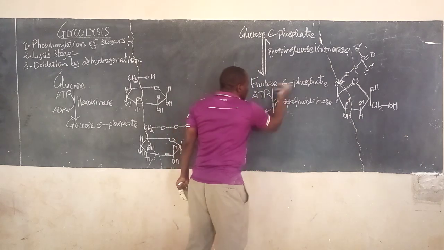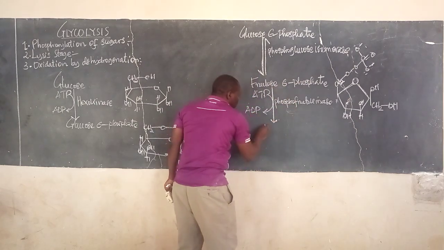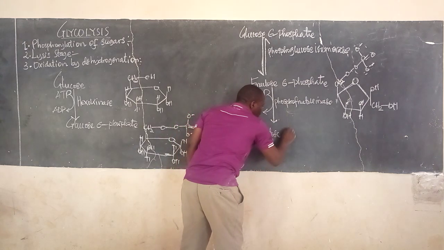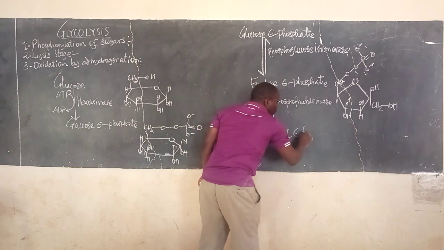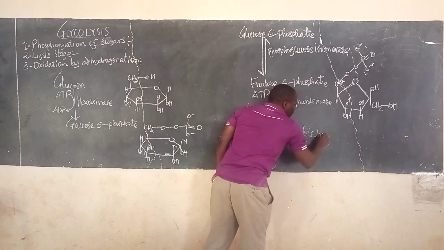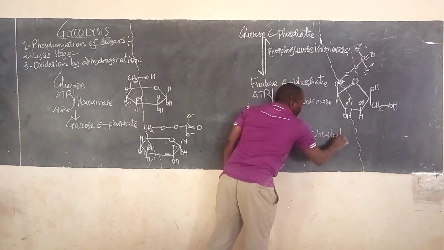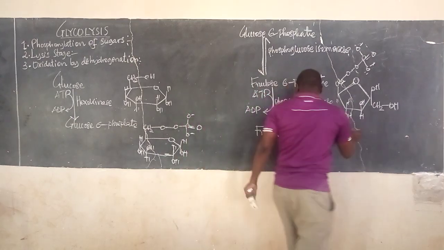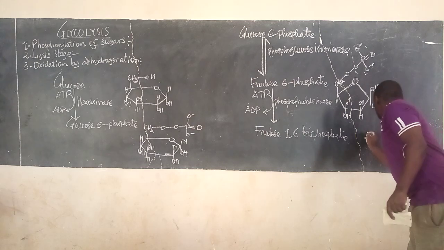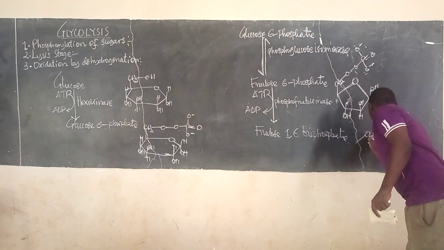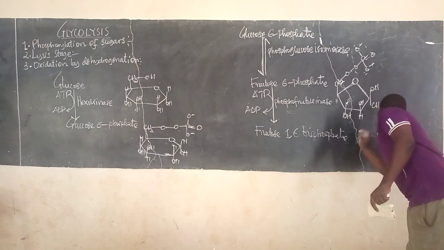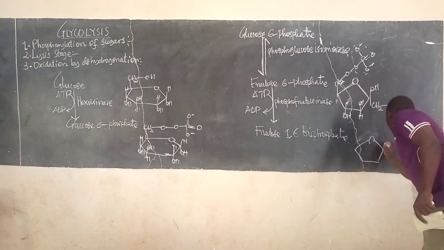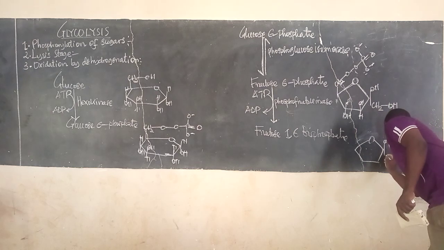So now we are going to change our fructose 6-phosphate into fructose 1,6-bisphosphate, which is written like this. Let me write it down here. It's written like this, as usual, here OH.